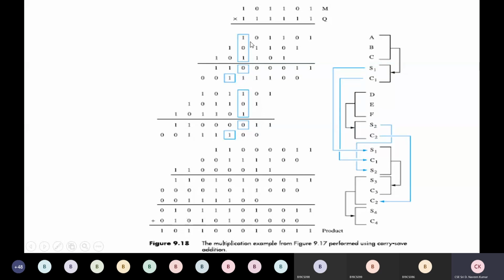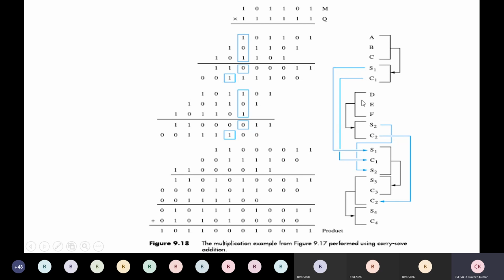When you multiply these 2 numbers, these are the summands we have. These are the 3 summands A, B, C. We took only the first 3 summands and added them, and we got sum S1. We added A, B, C and got sum S1, and the carry we represented separately. This is the carry C1.